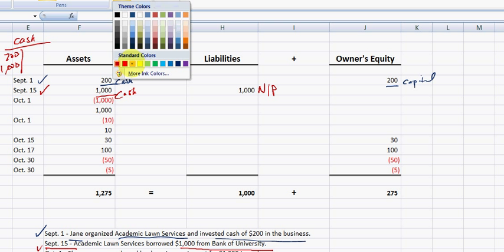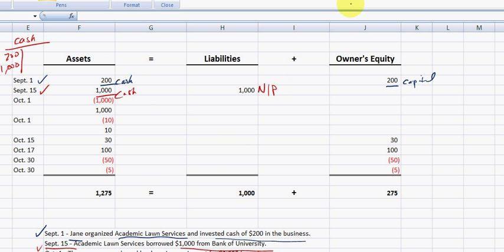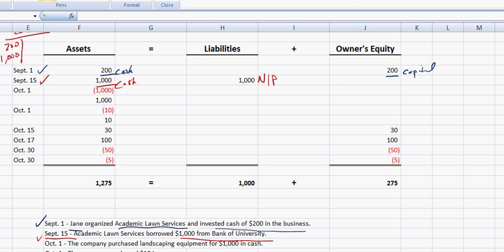Let's look at the next example. On October 1st, the company purchased landscaping equipment for $1,000 in cash. Here on October 1st, $1,000 in cash was used. We'll credit that 1,000.